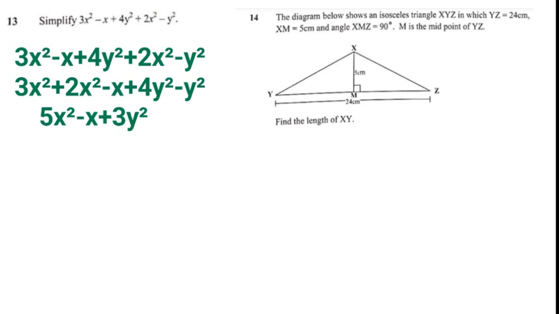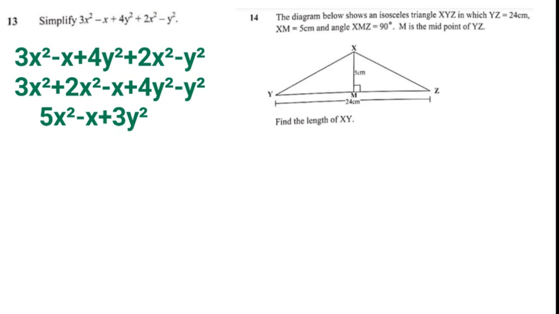Now we go to question 14. Question 14 is the diagram below. The diagram below shows an isosceles triangle XYZ in which YZ is equal to 24 centimeters, XM is equal to 5 centimeters, and angle XMZ is equal to 90 degrees.